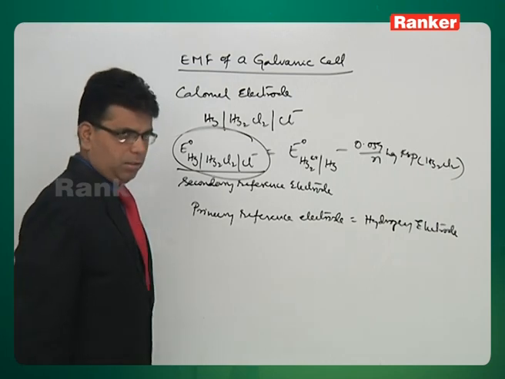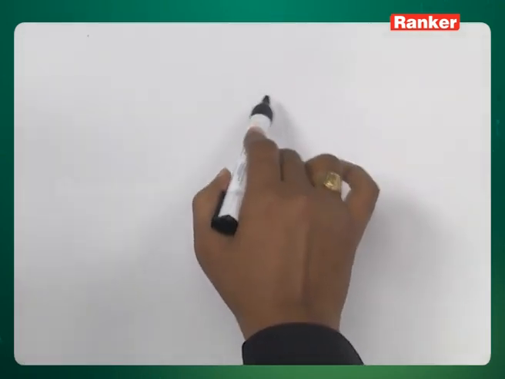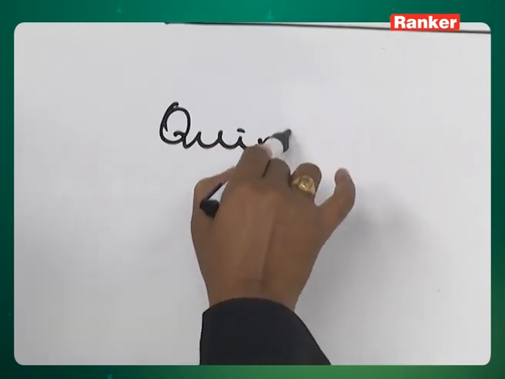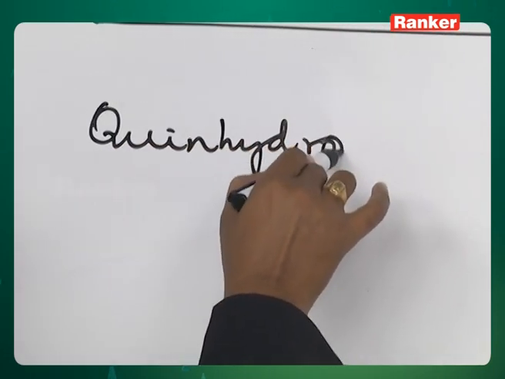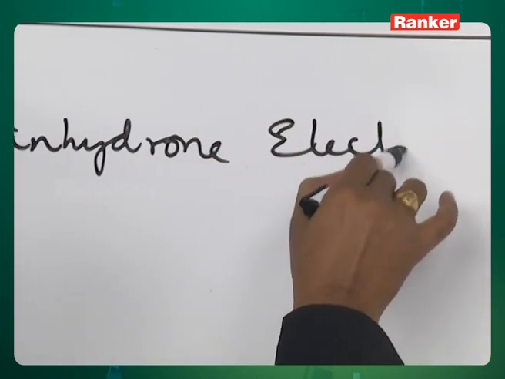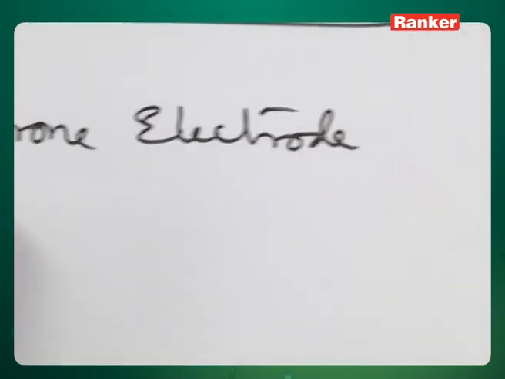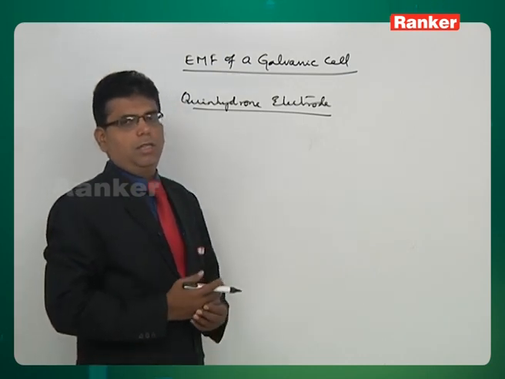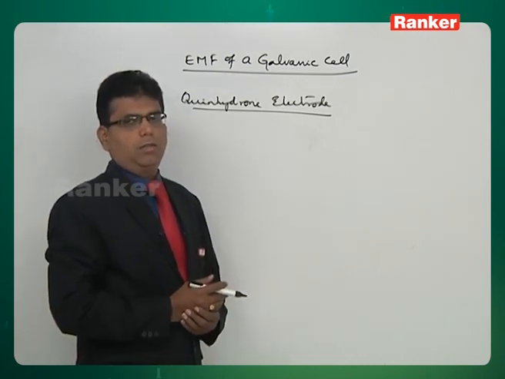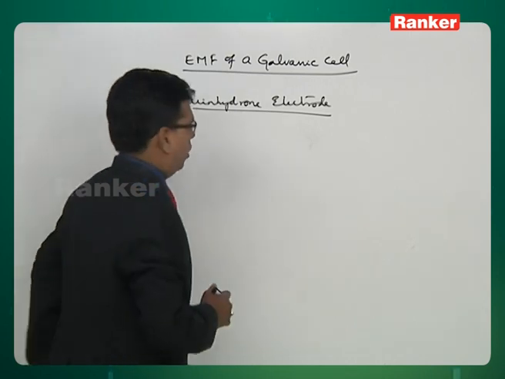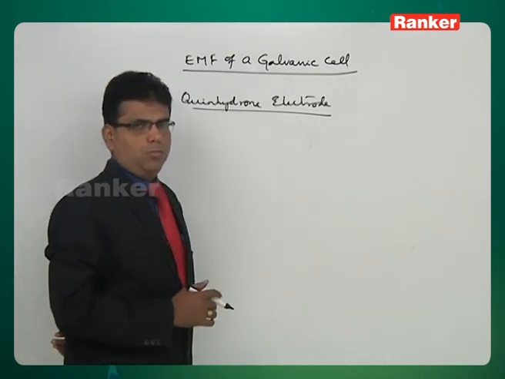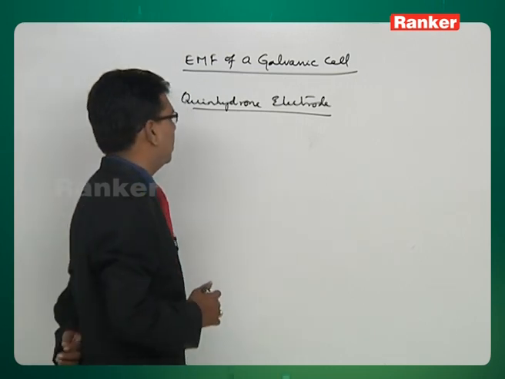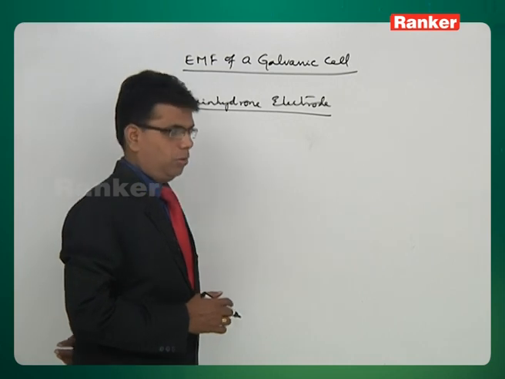Now, we go for the quinhydron electrode, the EMF of a quinhydron electrode. This quinhydron electrode uses the reaction of quinone and quinol. The quinone-quinol reaction is what we use in making this quinhydron electrode.